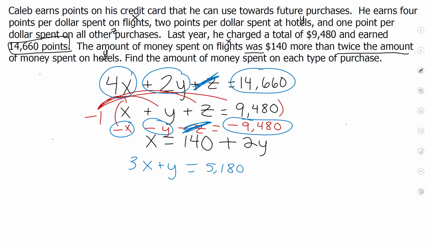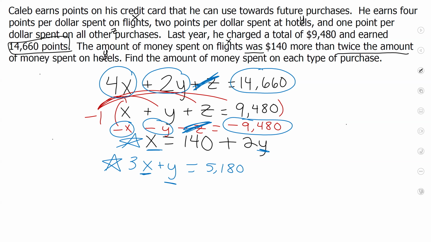Is that what you guys got? Okay, perfect. Thank you. Okay, so guys, look. I have an equation here with X and Y, and I have an equation here with X and Y. Now we can do what we've been doing.